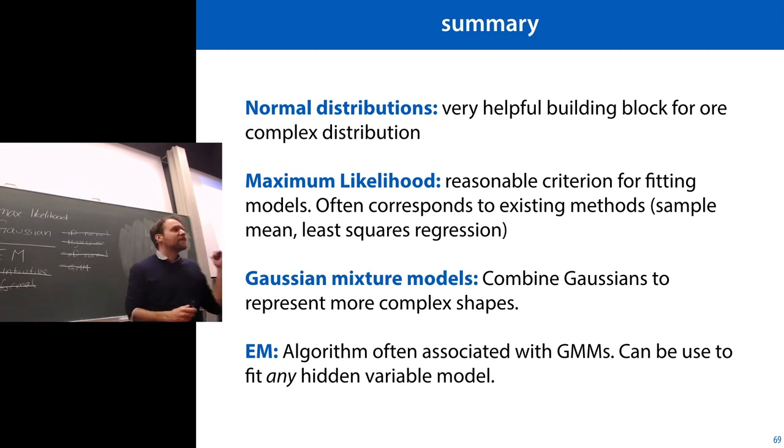It's not specific to Gaussian mixture models. For any hidden variable model you have, you can use this expectation maximization to fit your model to the data. But in practice, it's used most often in combination with a Gaussian mixture model.